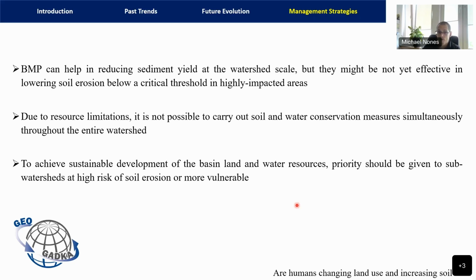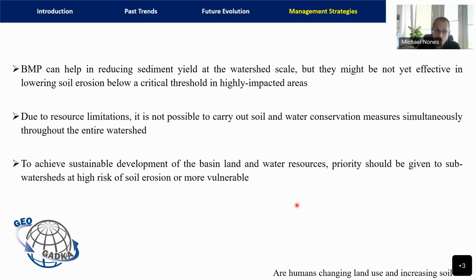This critical threshold, as said, is around 11 tons per hectare per year in Ethiopia, but as you can see, for the future, the majority of those sub-watersheds are not below this critical threshold. Then it's important to remember that we are speaking about a country where the resources are limited, so it's not always possible to implement all the management practices in all the sub-watersheds.